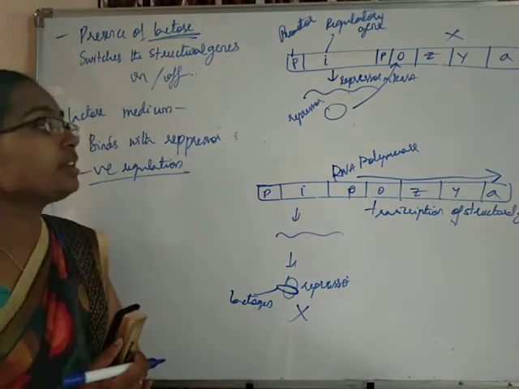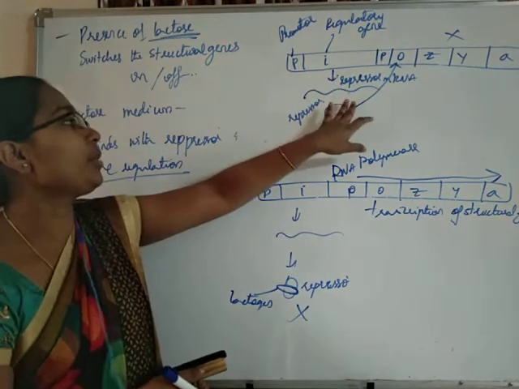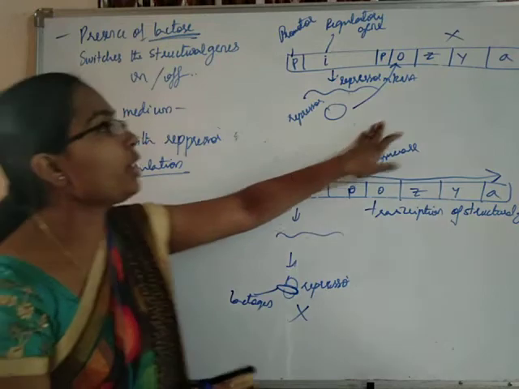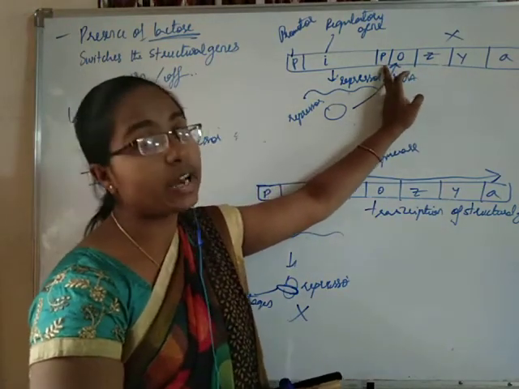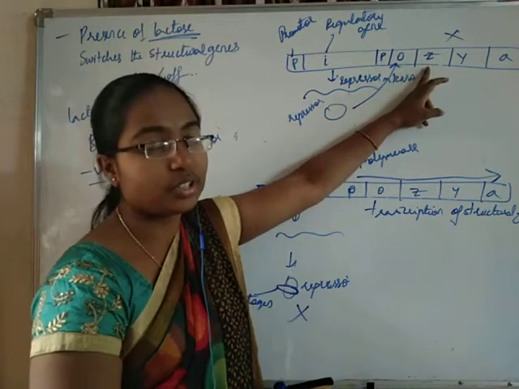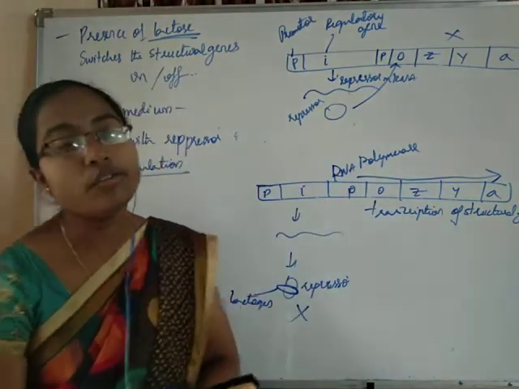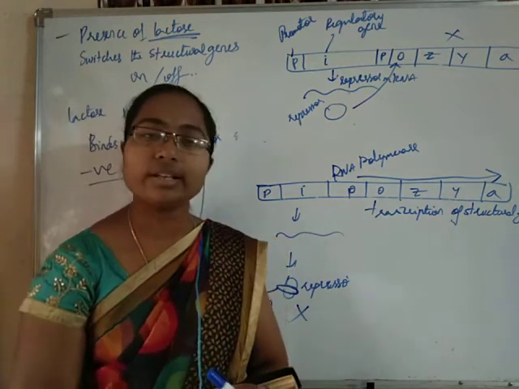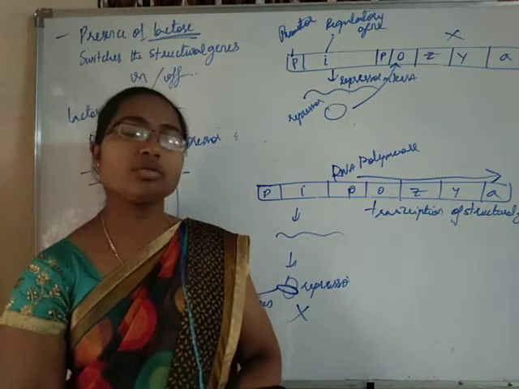Okay. See students, here in this example we have studied that from the regulatory gene the repressor is produced, and the repressor will go and bind with the operator, inhibiting the passage of RNA polymerase onto the structural genes. So no RNA polymerase going onto structural genes, no formation of enzymes, no lactose is digested, no lactose, no energy.